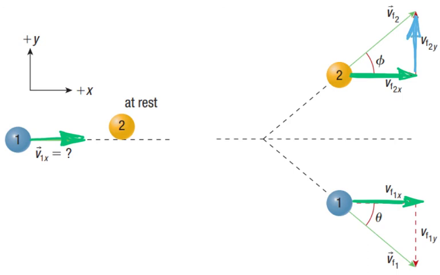In this case, again, you would have no vertical momentum for either of the balls before, but you would have vertical momentums for them after. So these vertical momentums will cancel each other to give a 0, because your vertical momentum before the collision was 0.